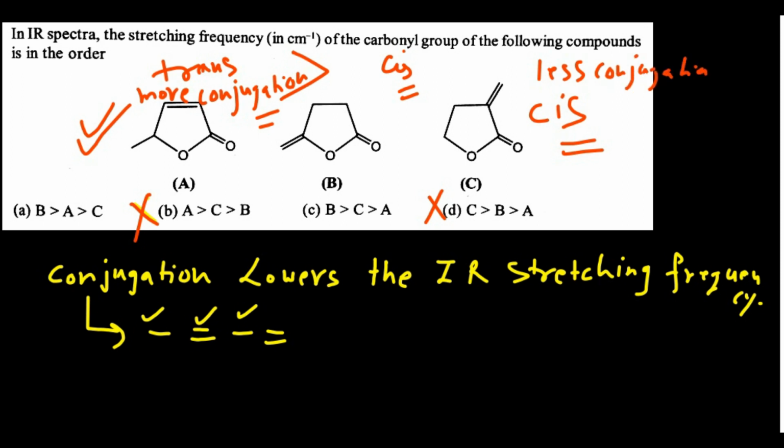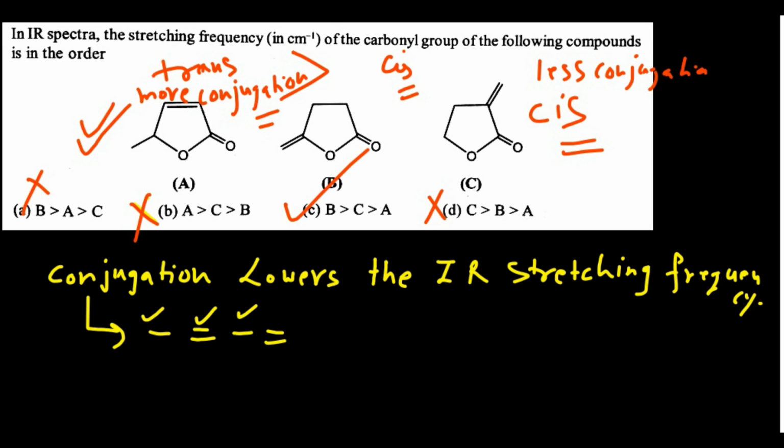So when the conjugation is more, IR stretching frequency would be low. So in that case A should have the lowest stretching frequency. And you see here in option C, A is having the lowest frequency, but in option A, it is the intermediate one, which is the wrong one. So you can discard this option also, and you are left with option C. And again, it is a very important question, and it involves the concept of general organic chemistry.